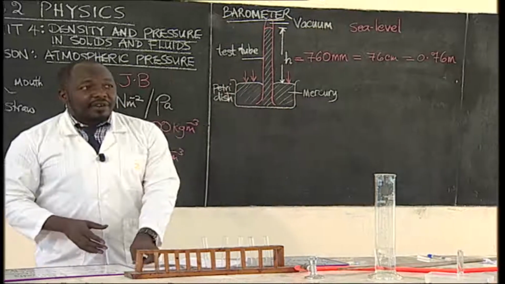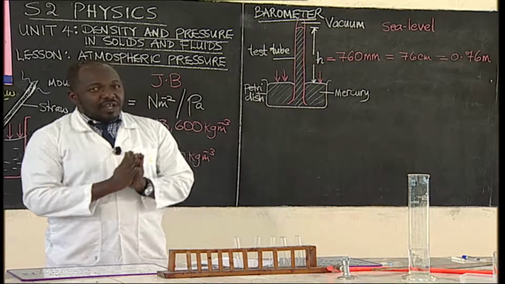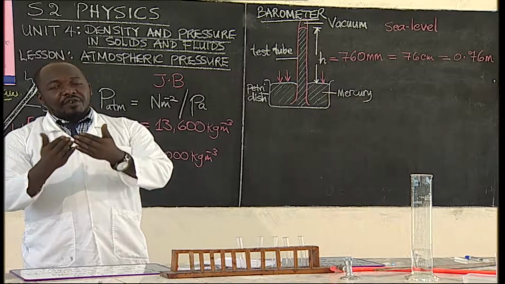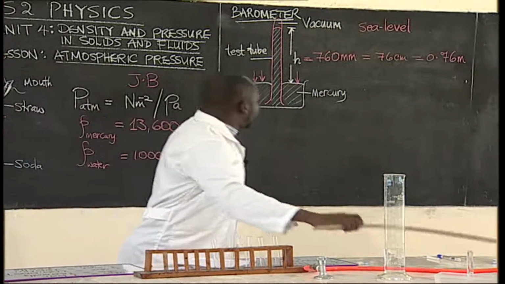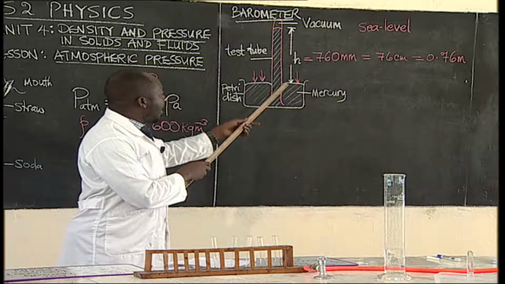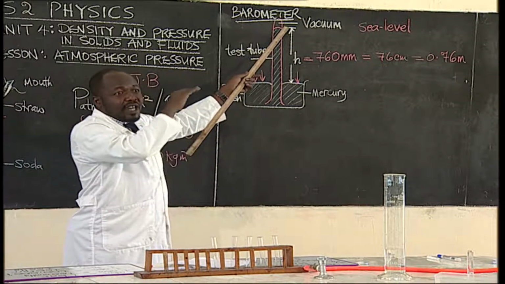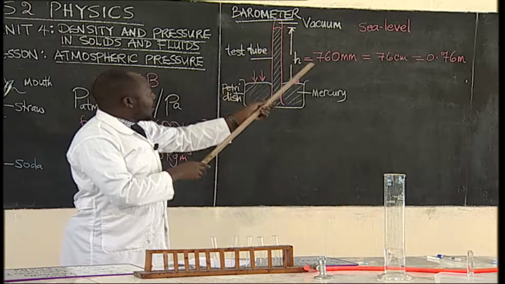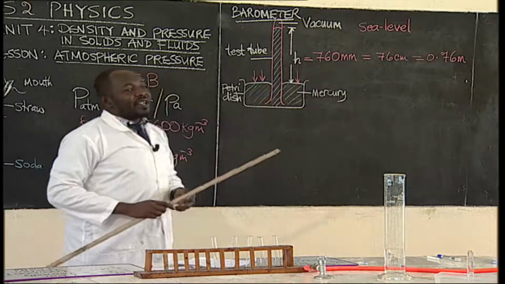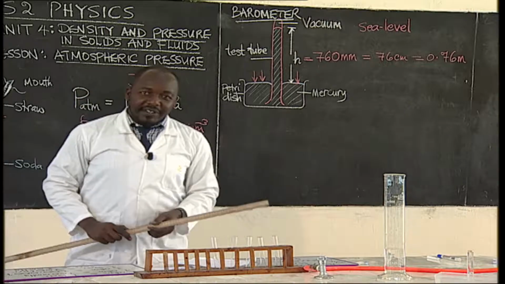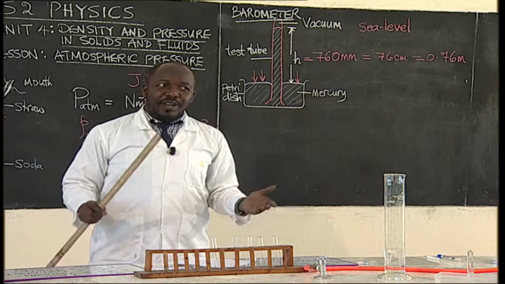That is the level of the mercury, the distance from the mercury surface in the Petri dish, here, up to the upper meniscus. That means the uppermost level of this mercury. We find it is equal to 760 millimeters. I hope you get that.